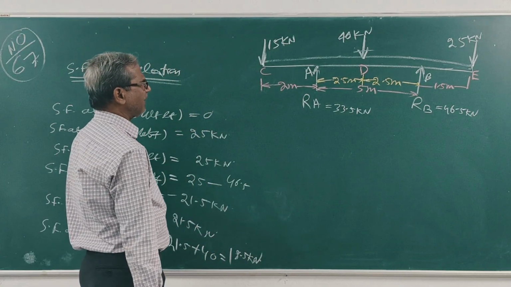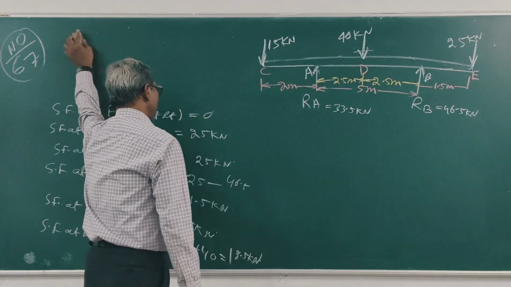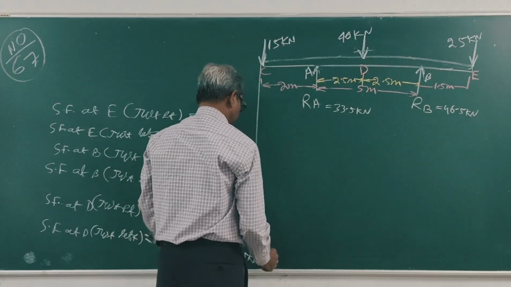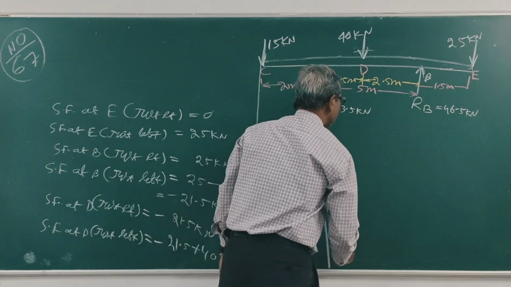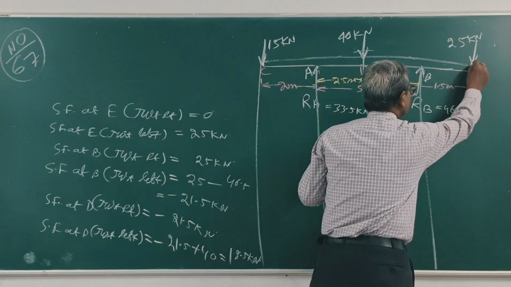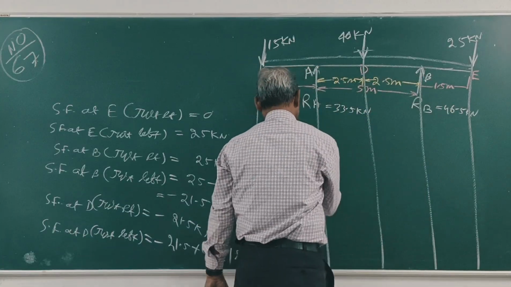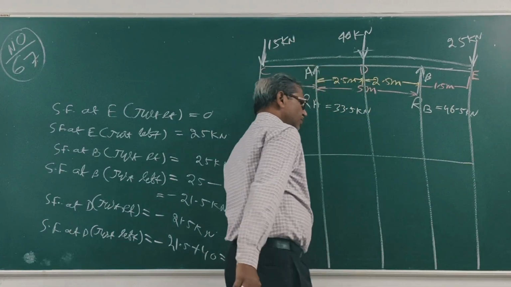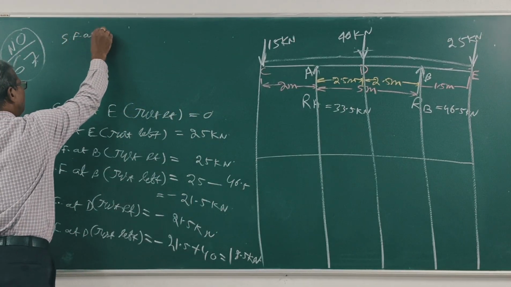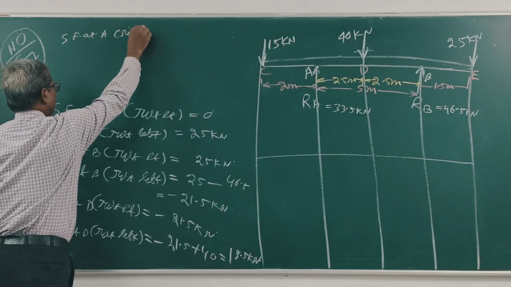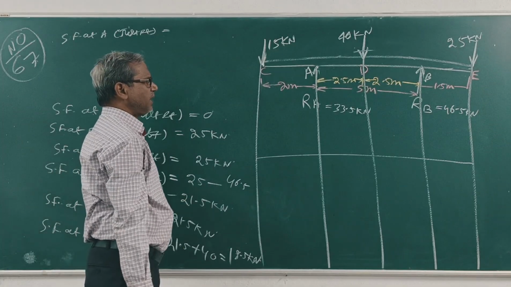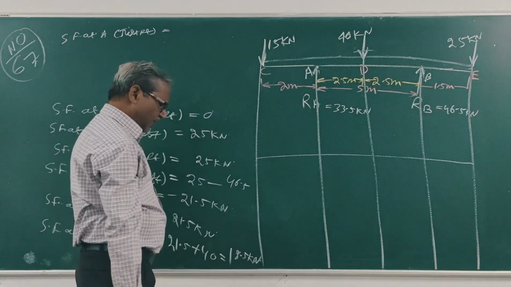Then A right: shear force at A just right is the same, 18.5 kilonewton.